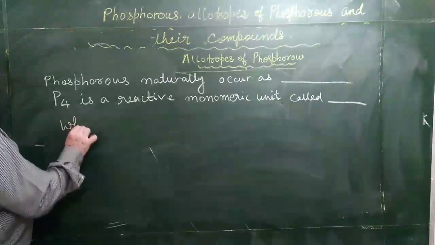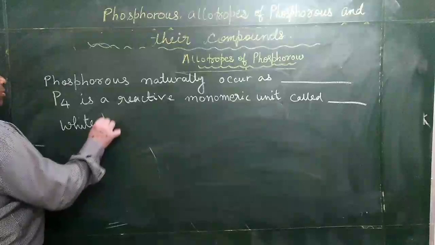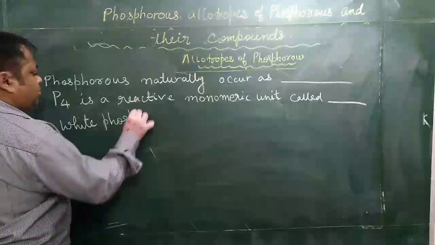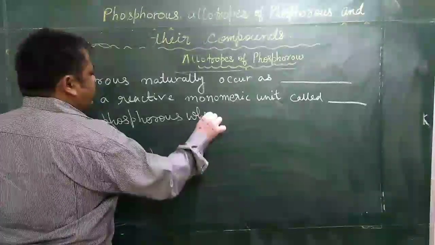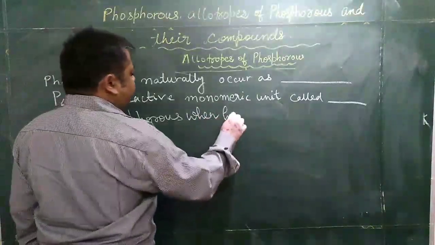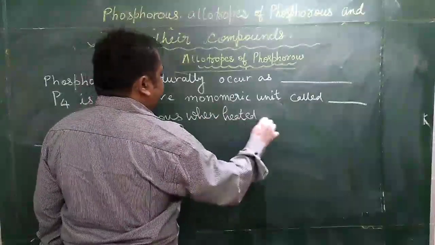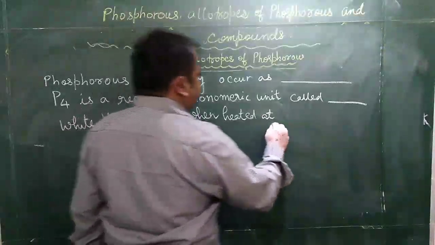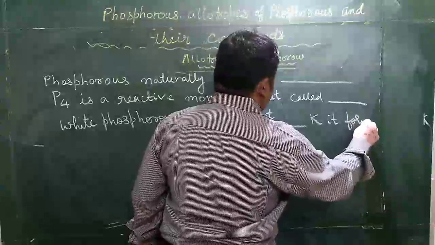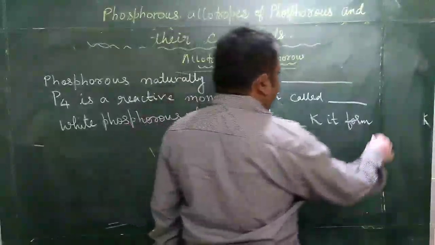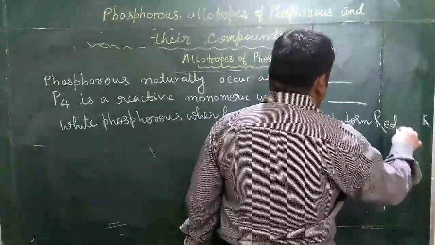White phosphorus, when heated at dash Kelvin, forms red phosphorus.